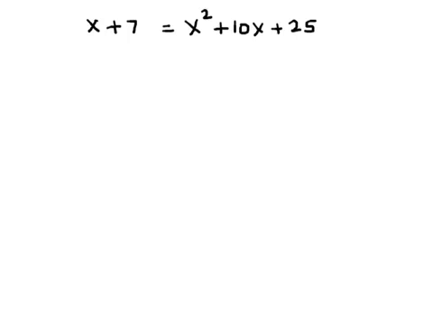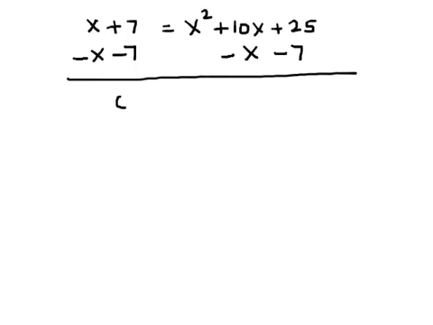Recall that to set it up well for solving, we take all terms to one side and keep only 0 on the other. In order to do that, we subtract x and subtract the 7 from both sides of the equation. That would give us a 0 on the left-hand side, and on the right-hand side we have x squared plus 9x plus 18.